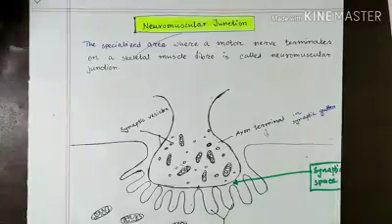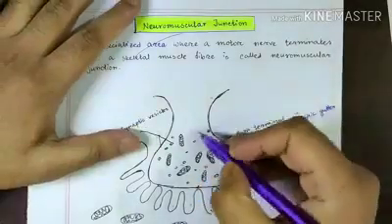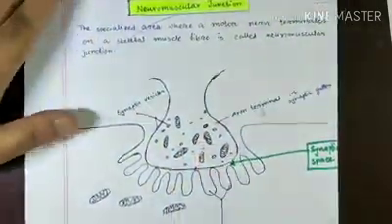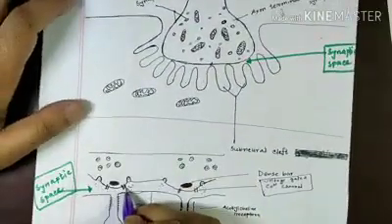During the transmission process, first a nerve impulse spreads all over the axon terminal, and this causes the opening of the voltage gated calcium channels.